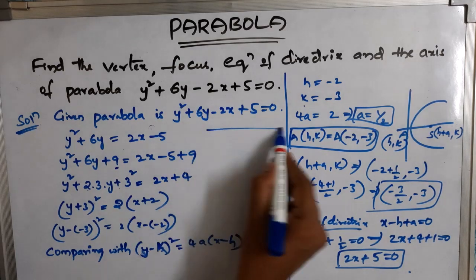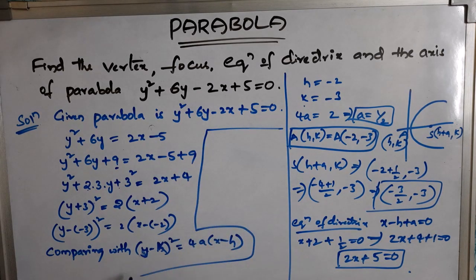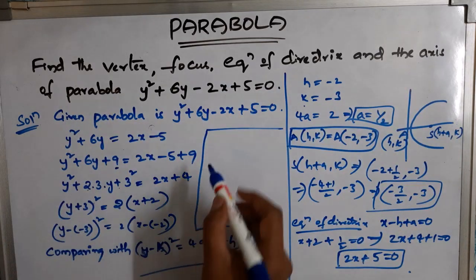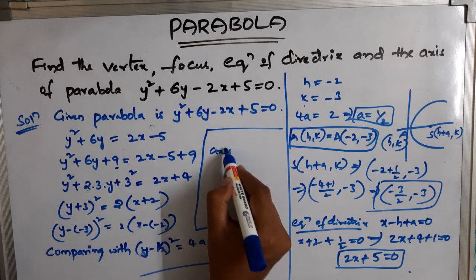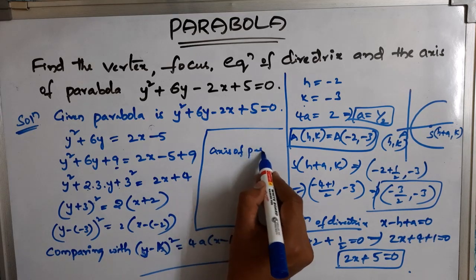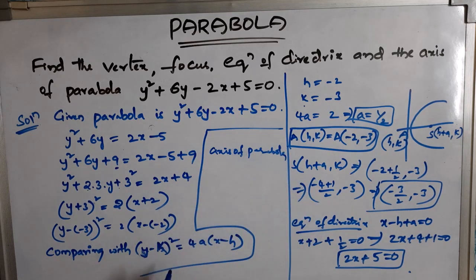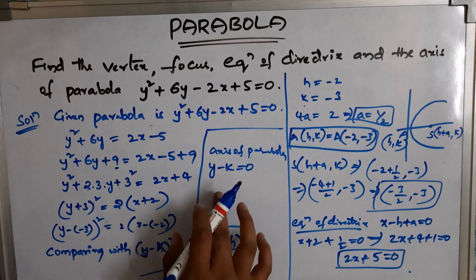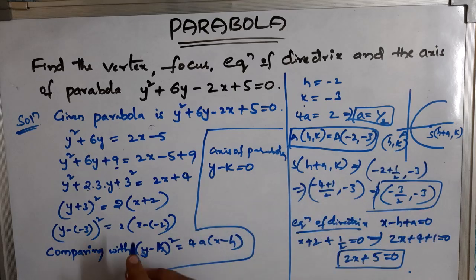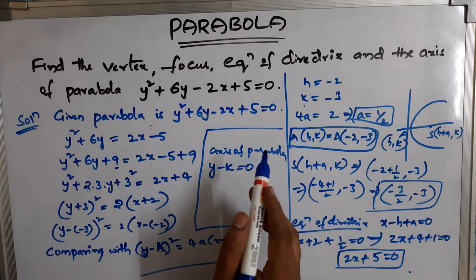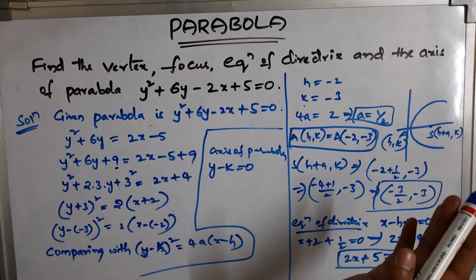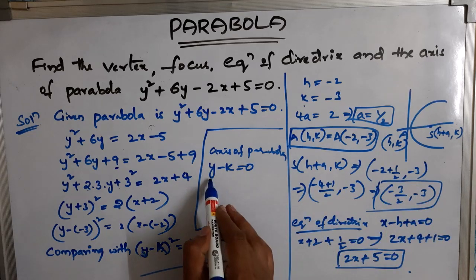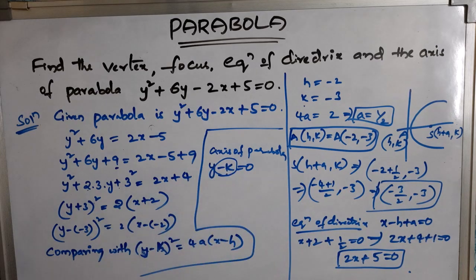And you are pending with one more, that is the axis of parabola. Axis of parabola of this type can be written as y minus k is equal to 0, because the parabola lies on the x-axis and the origin is shifted from 0 comma 0 to h comma k, so we are subtracting this k from y.